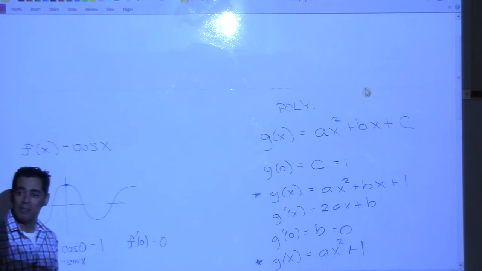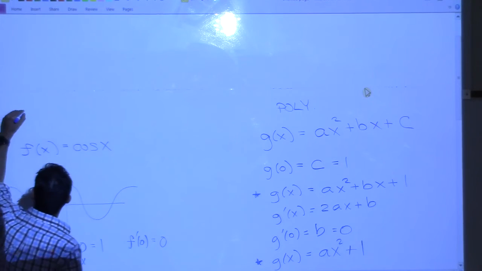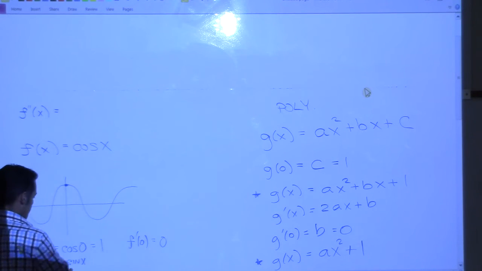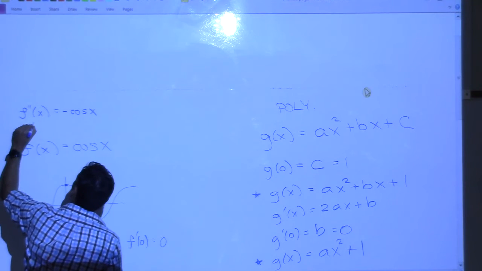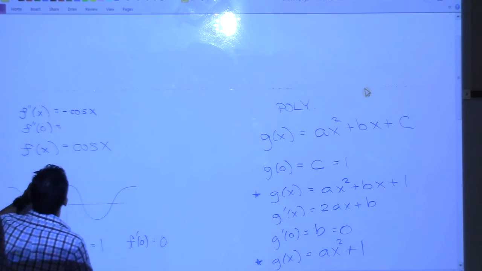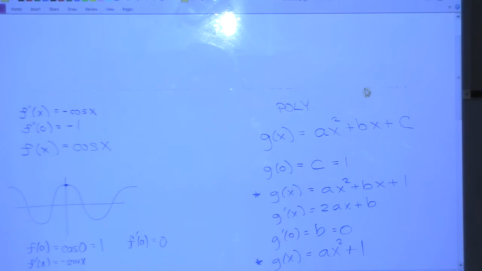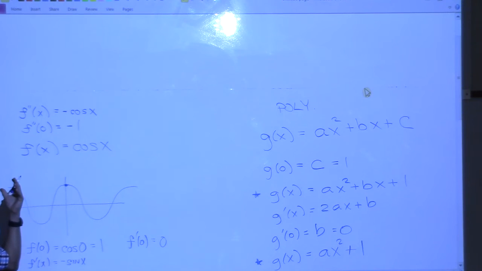What would be next? Let's make their second derivatives match. So what's the second derivative of this function? Negative cosine x. Okay, what is the value of that second derivative if I plug 0 into it? Negative 1. So it would be really nice if the second derivative of that one matched that, right?